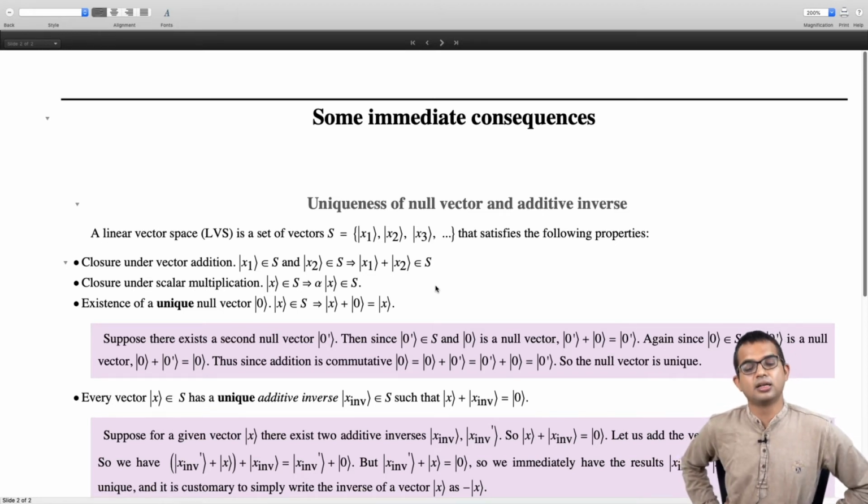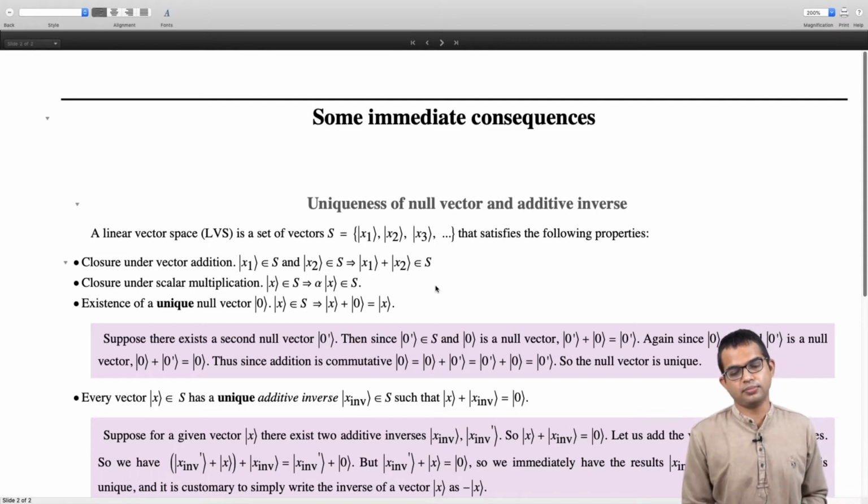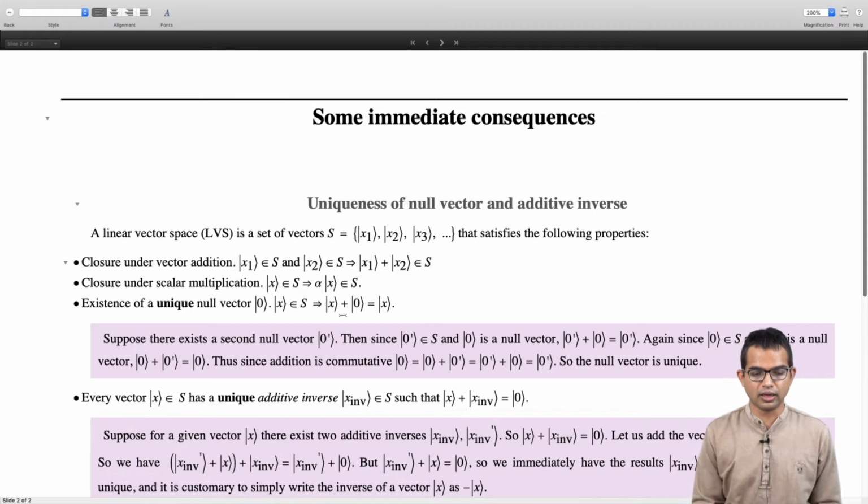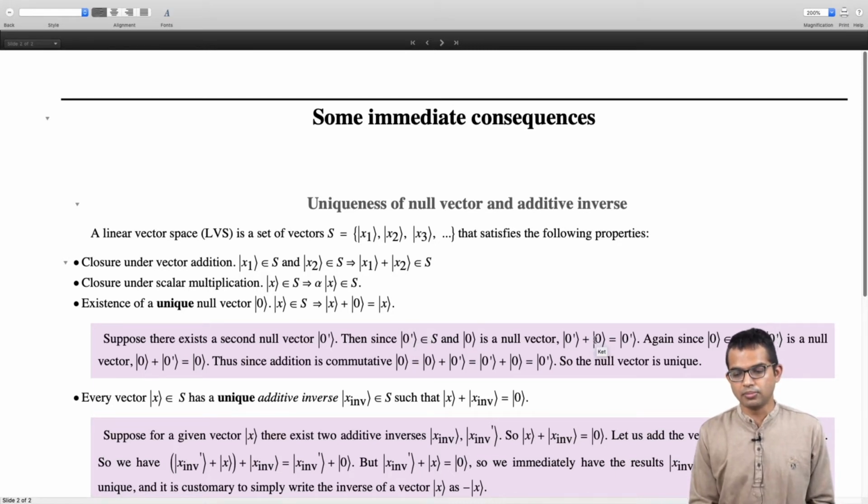Suppose there is a second null vector 0 prime. Then since 0 prime is an element of S, the property of a null vector is that if you add x to 0 you must get back x. So 0 prime is an element of S and 0 is a null vector, so 0 prime plus 0 must be equal to 0 prime.